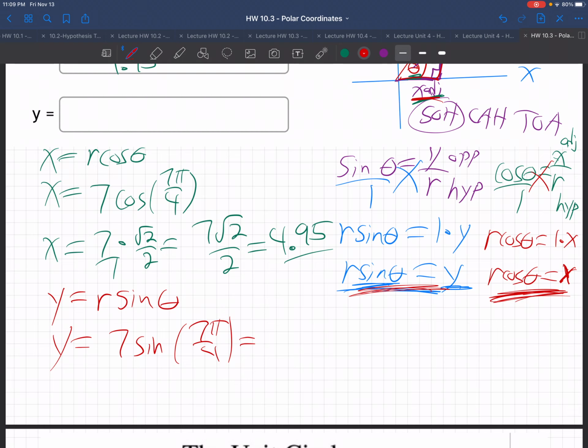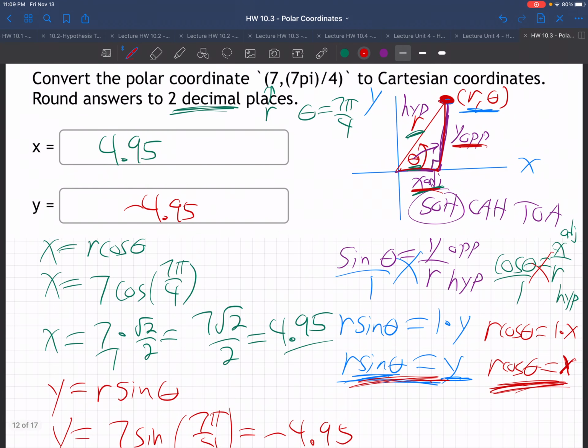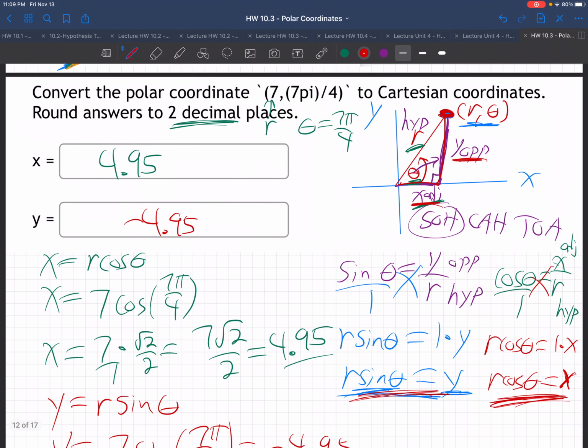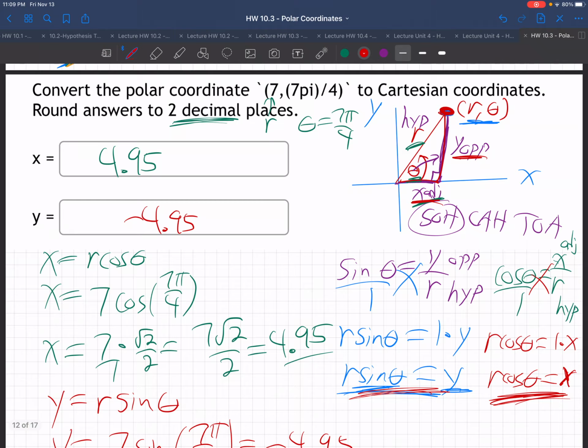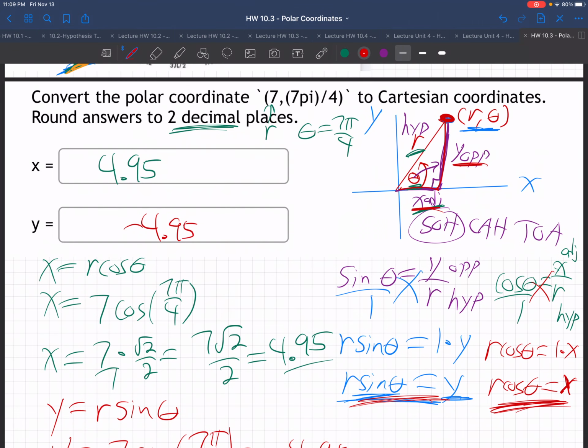I'm getting minus 4.95. Minus 4.95. So there it is. We found the x and the y using the formula.